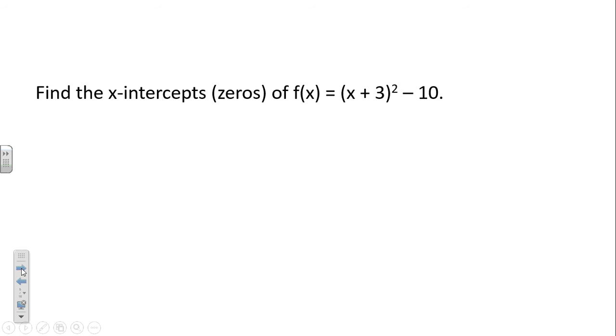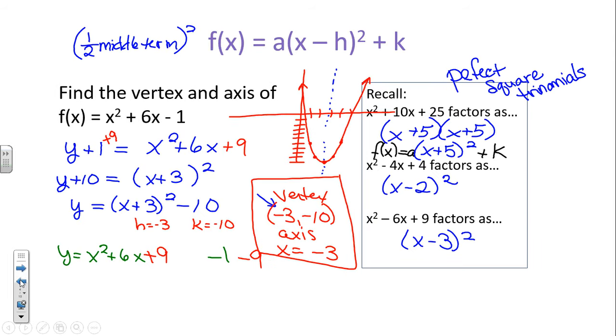Okay. So now we want to know what the x-intercepts of this function are. Okay. When we're talking about x-intercepts, go back for just a second. We're trying to figure out what are the zeros. Where is this guy crossing the x-axis?